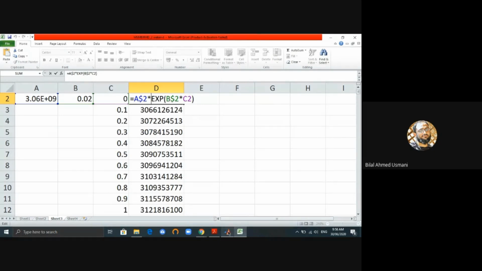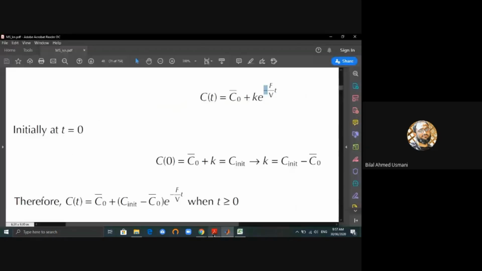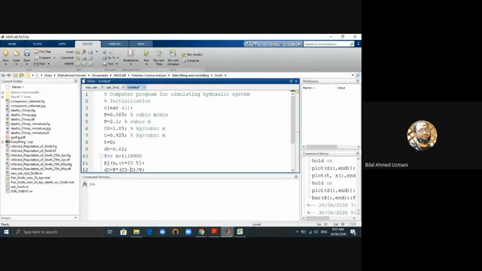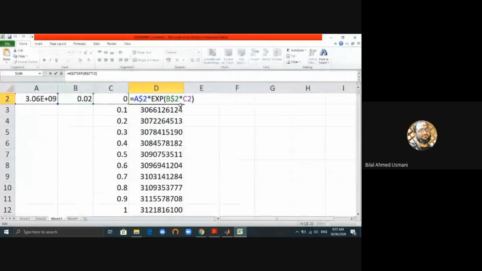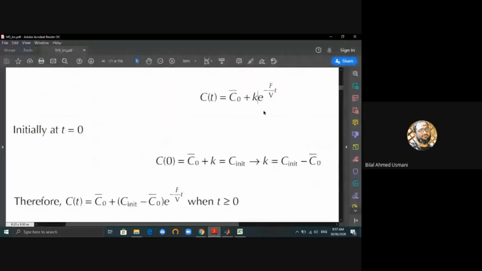So the only difference is k was outside over there. Sorry, it was not k, it's f upon v. So b, the value of 0.02 in this case, is actually what minus f upon v into t is doing, because it's inside the exponential.